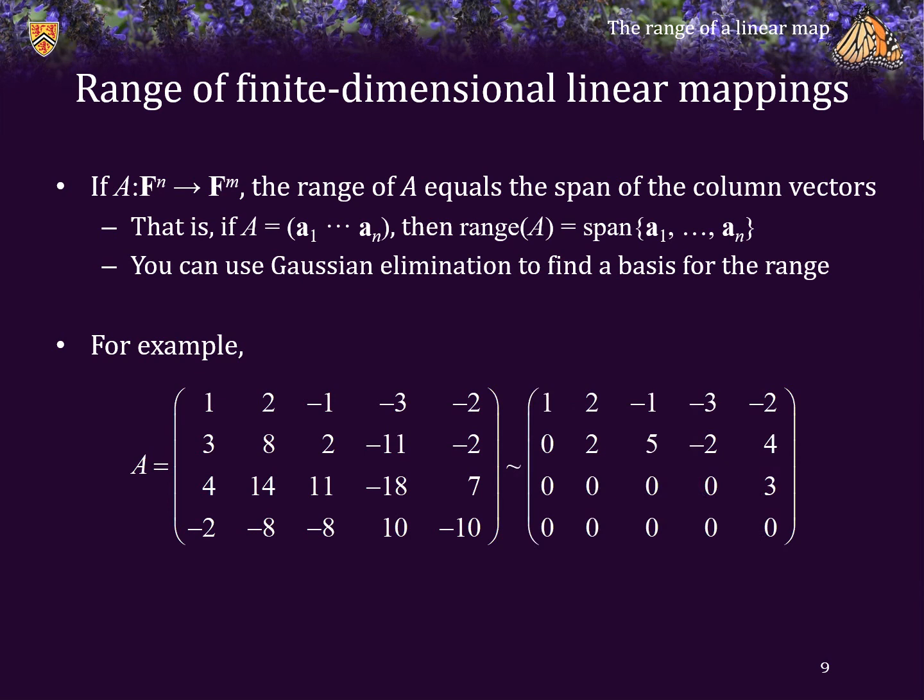Now, here I am not using partial pivoting because all we're interested in are those columns that contain leading non-zero entries. And we see that columns 1, 2, and 5 contain leading non-zero entries. Therefore, a basis for the range are columns 1, 2, and 5 of the original matrix A. So the vectors (1, 3, 4, -2), (2, 8, 14, -8), and (-2, -2, 7, -10).